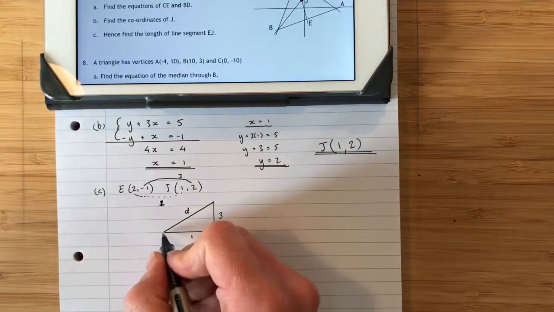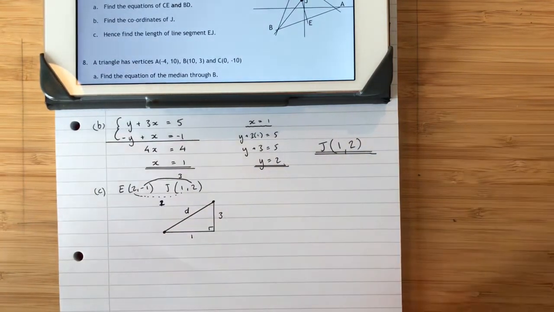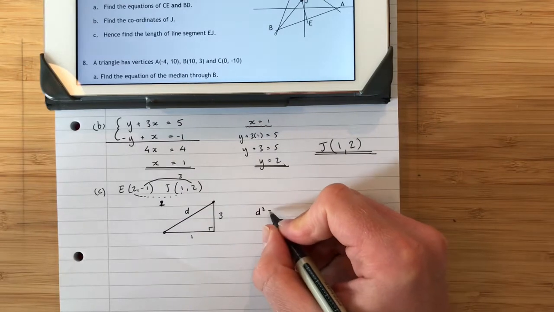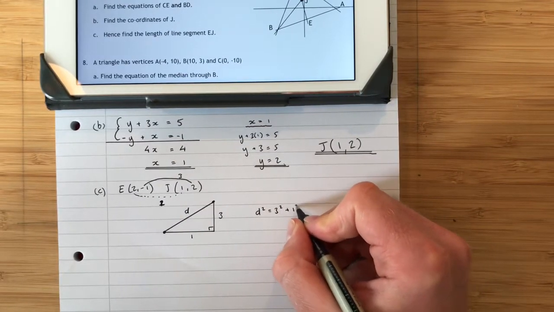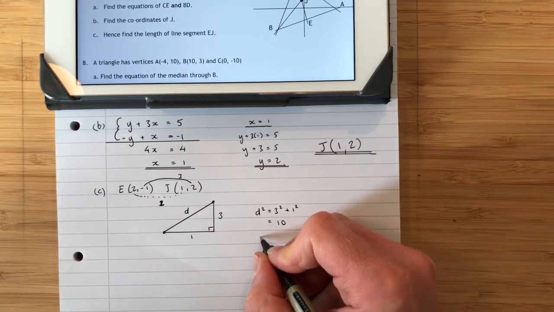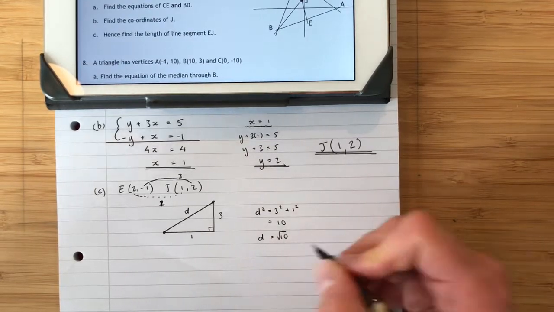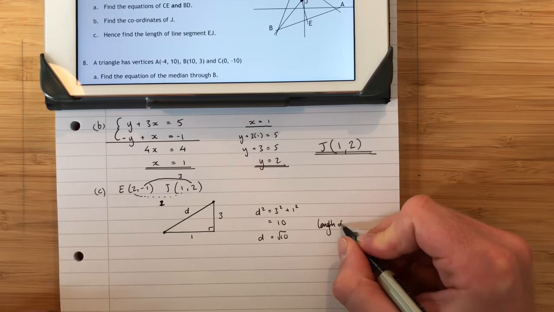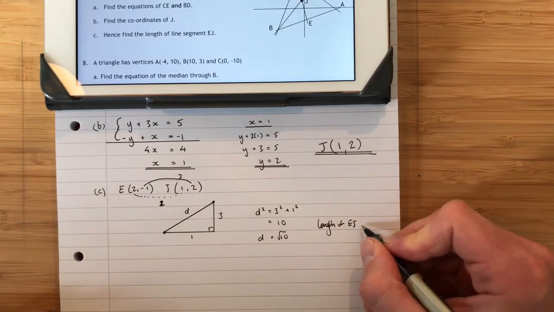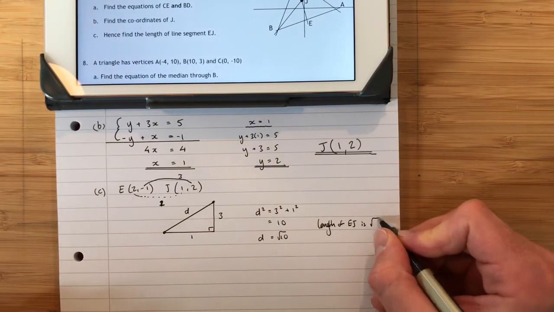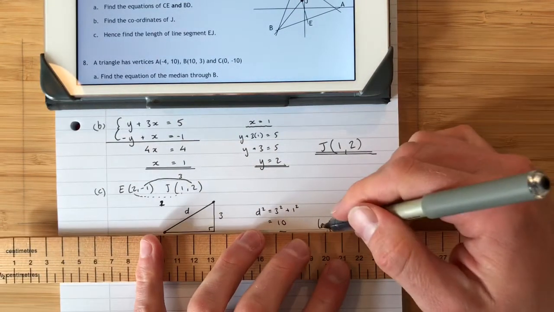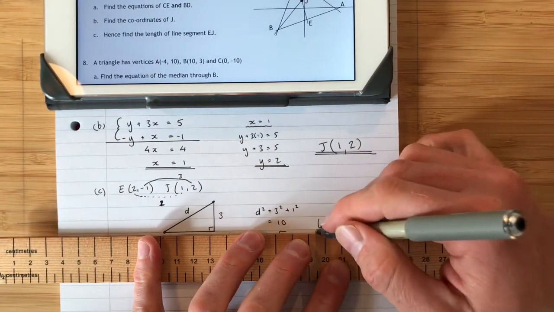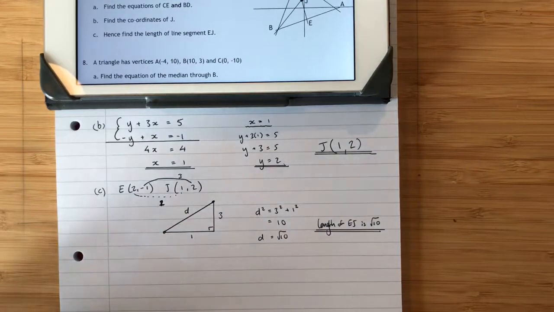So the distance between those 2 points, squared, will be 3 squared add 1 squared. That's 10. So d will be root 10. I am going to finish that by saying, in the words they asked, the length of EJ is root 10. Maybe I should have said equals root 10, but I've said is now, so I've committed.